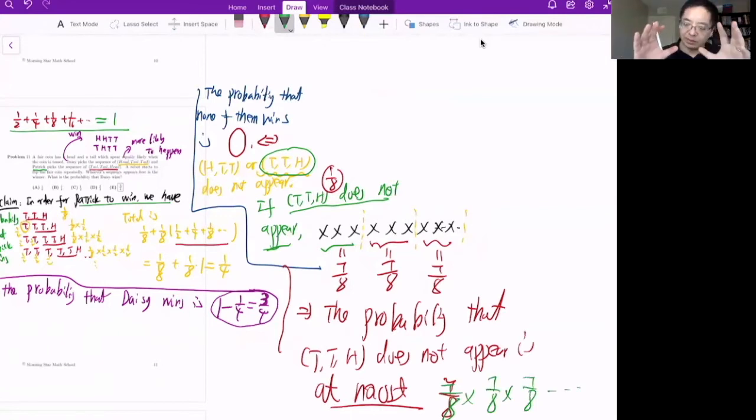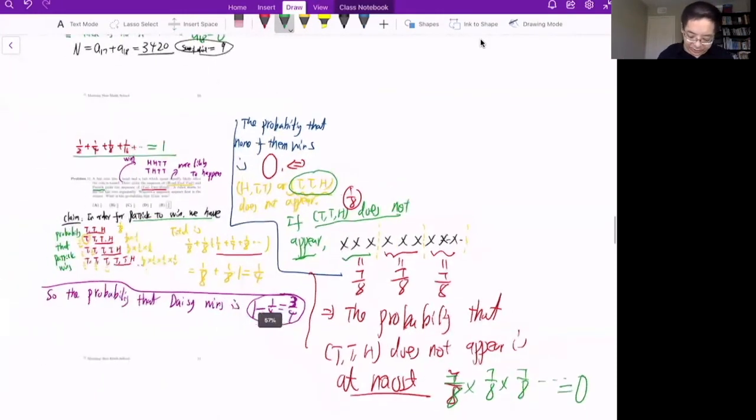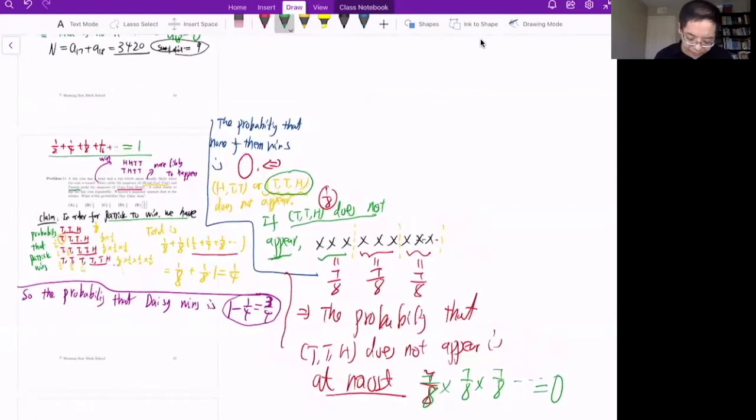Now, when you multiply them together, we know this is going to be 0, right? So the conclusion is that the probability that none of them wins is 0.